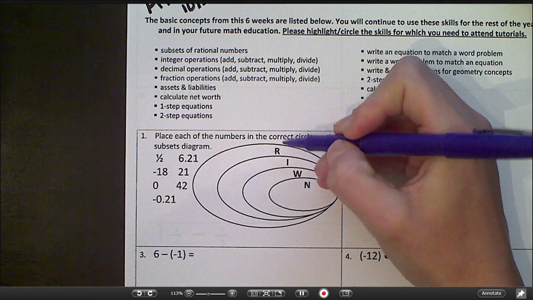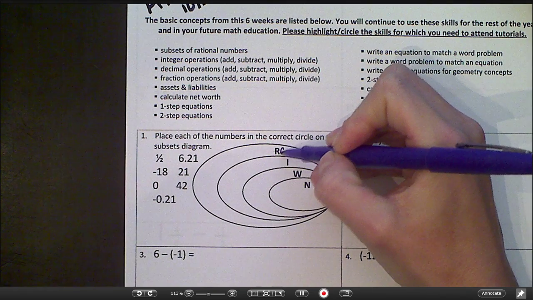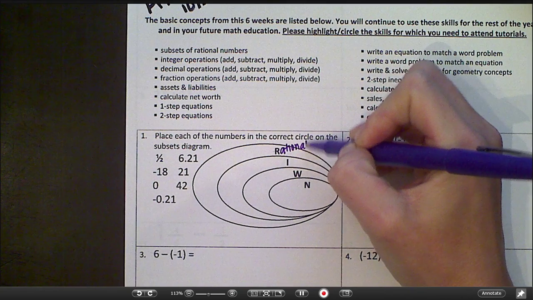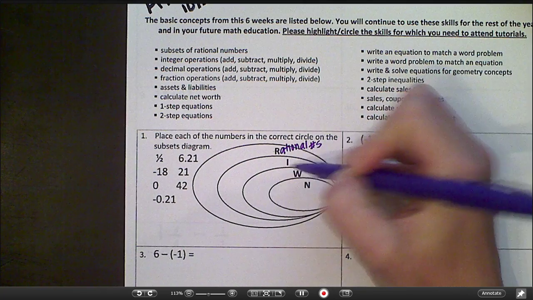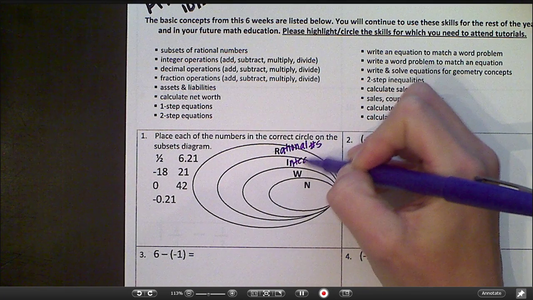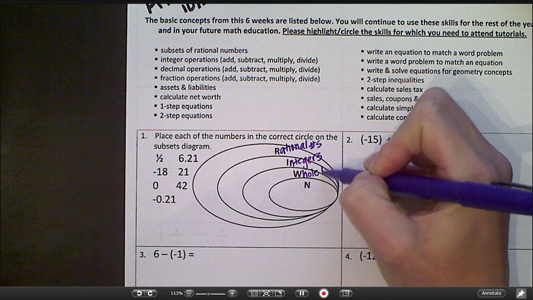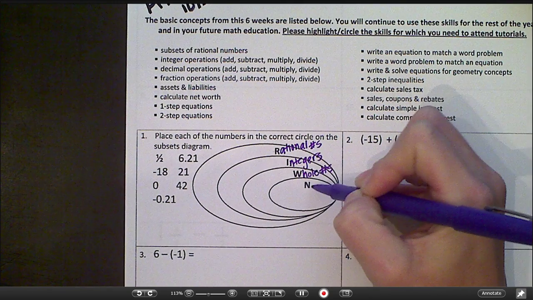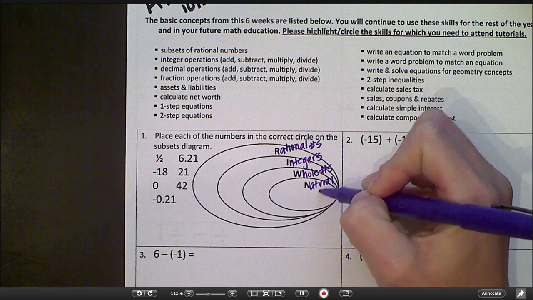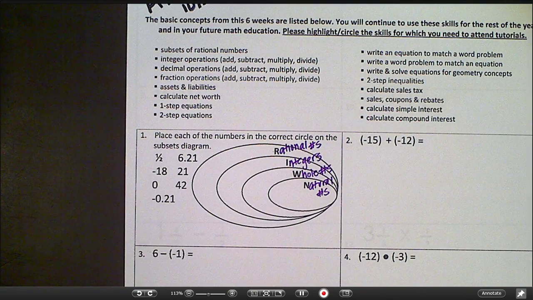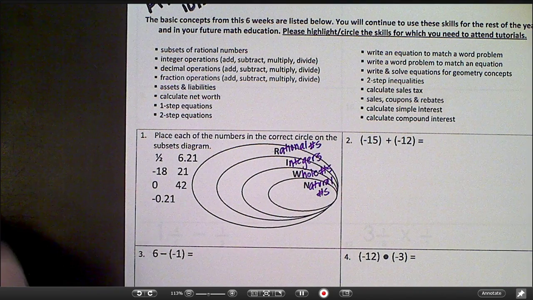So this R is for rational numbers, I is for integers, W is for whole numbers, and then N is for natural numbers. Okay, so we've got that filled in.